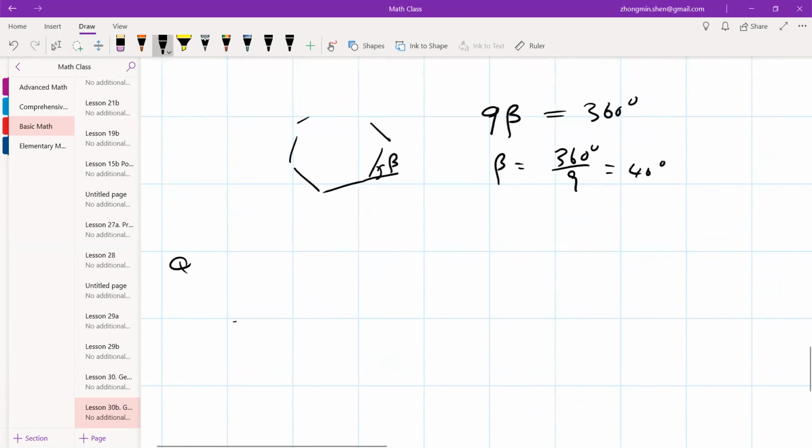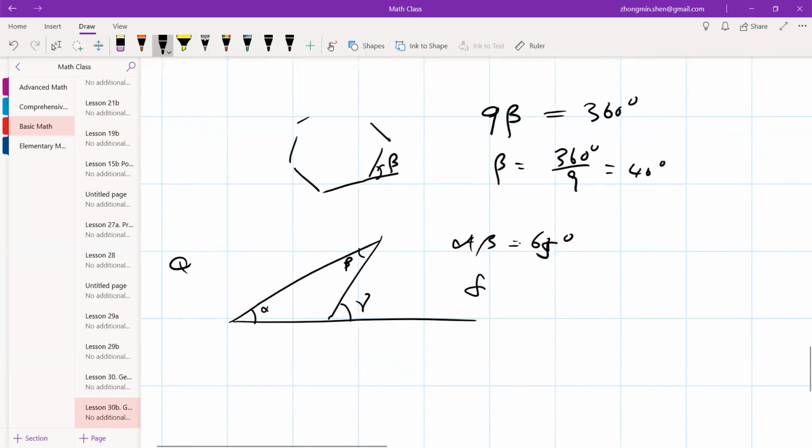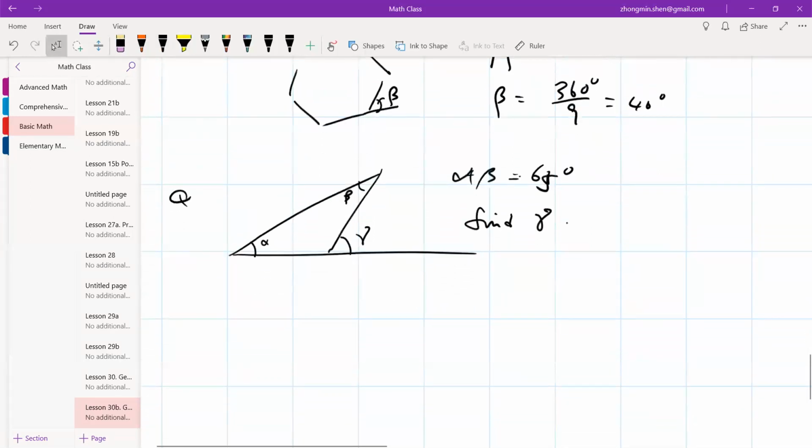Here's my question. I draw a triangle. Here's alpha, here's beta. Alpha plus beta is 65 degrees, and find the gamma. Can you do that? Any idea?